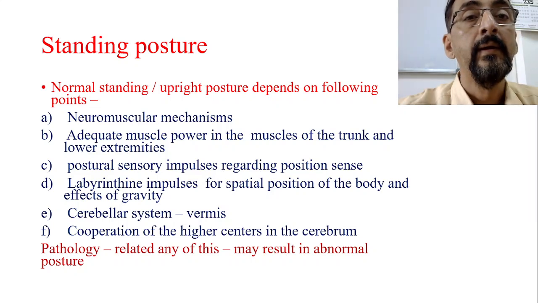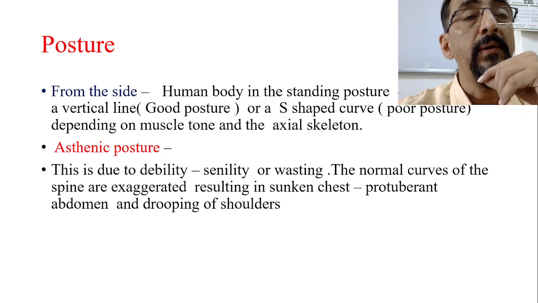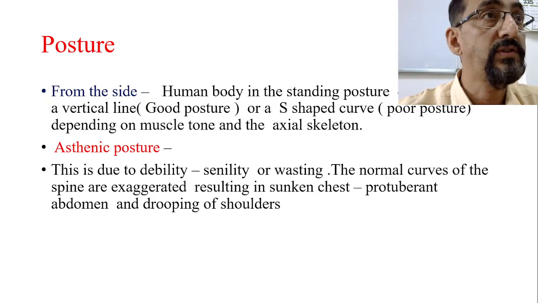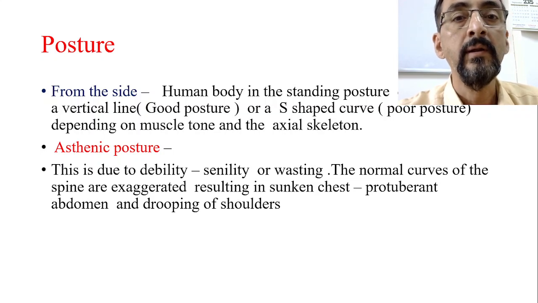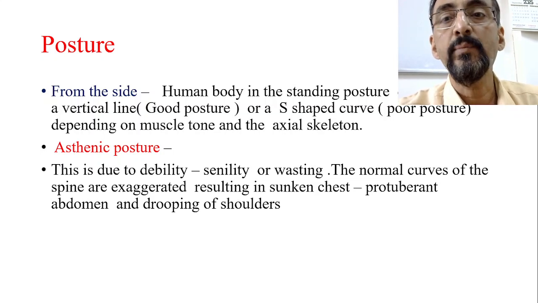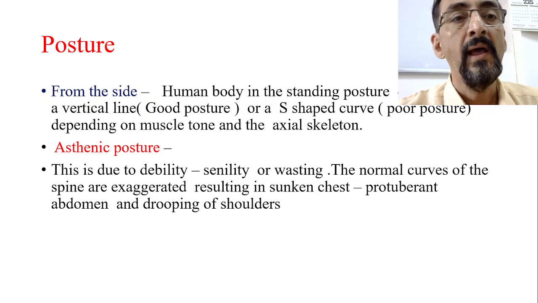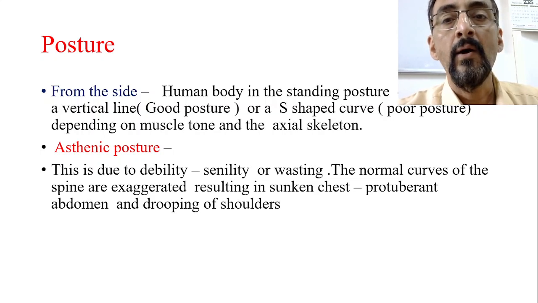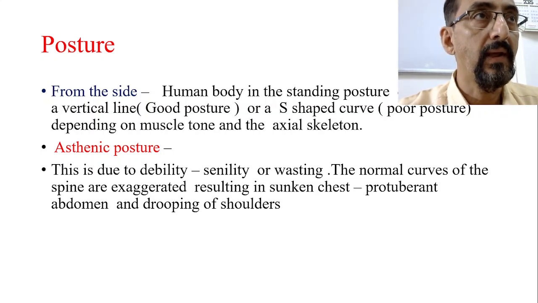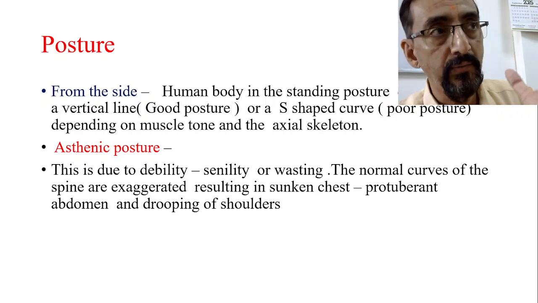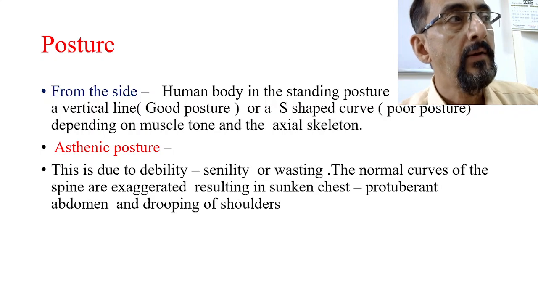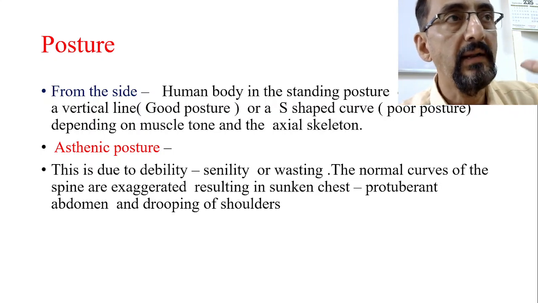Okay, now coming to the next, that's the posture. When you view the patient from the side, usually in a normal human, the body in the standing posture always displays either a vertical line or an S-shaped curve. If you are viewing the patient from the side, mostly it will give a vertical line to you.